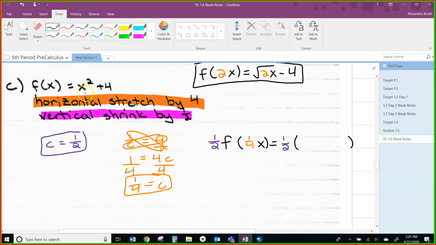So I have x squared right here. So in that, I'm going to put that 1/4 x squared. Plus 4.